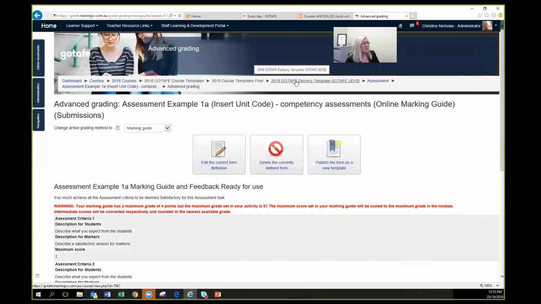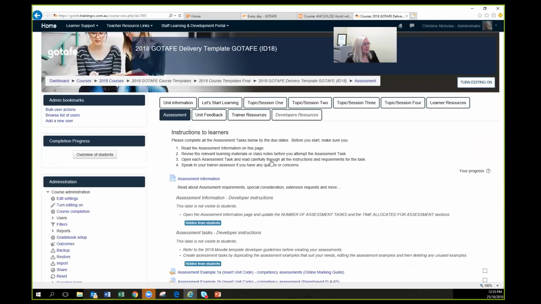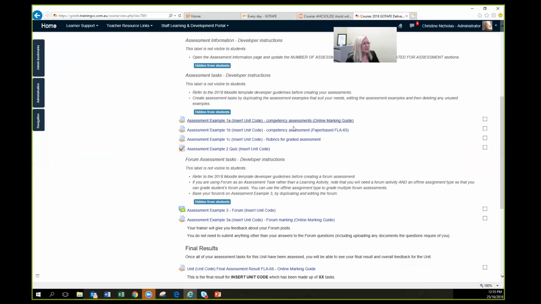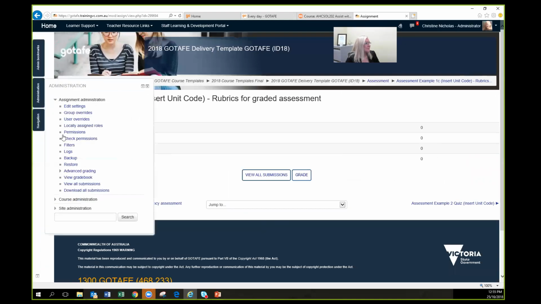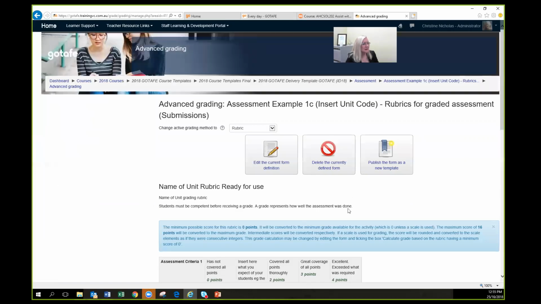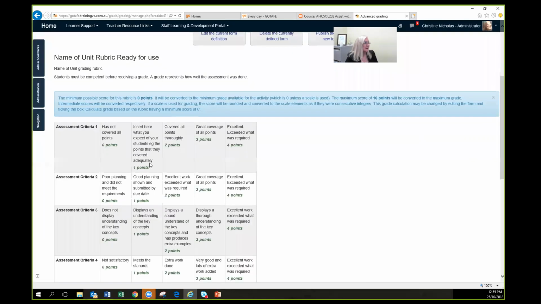With the rubric, I'll just go back here. The rubric you can actually put in, that's the rubric one. So with the rubric, you can put in each of the assessments, not covered, how well it is being done.